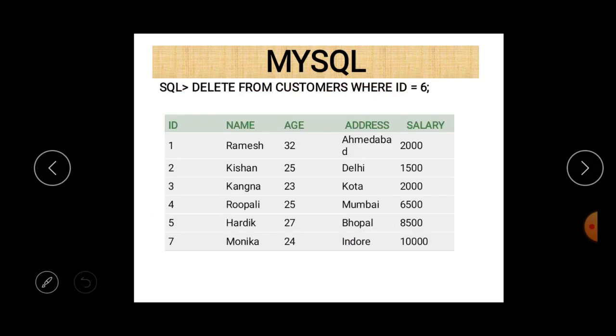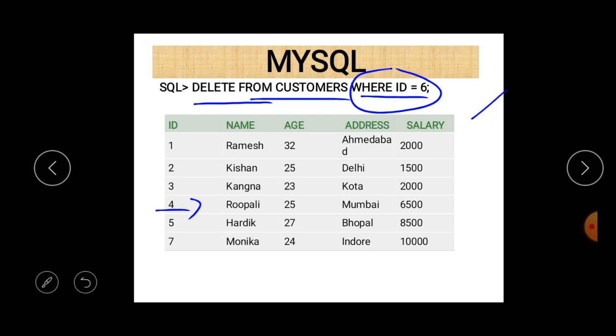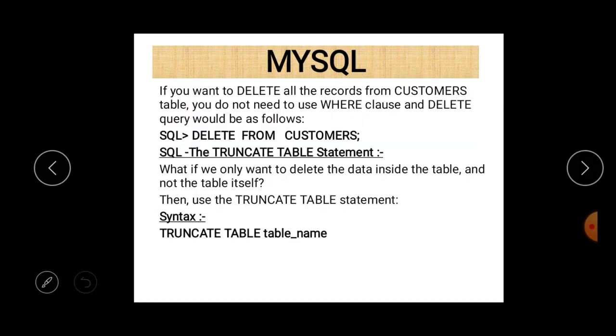Here I use delete from customers where id is equal to 6, so only the data related to id 6 will be deleted. Now you can easily see that id 6 data is no more here. If you don't give a where condition, then all data will be deleted. Remember that all data will be deleted, but the structure of the table is still there. That is the basic difference between the delete and drop table commands.